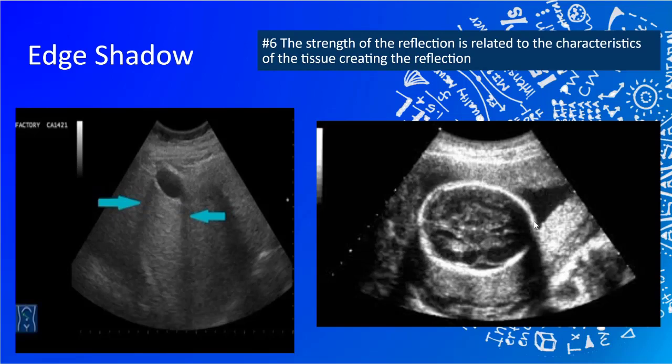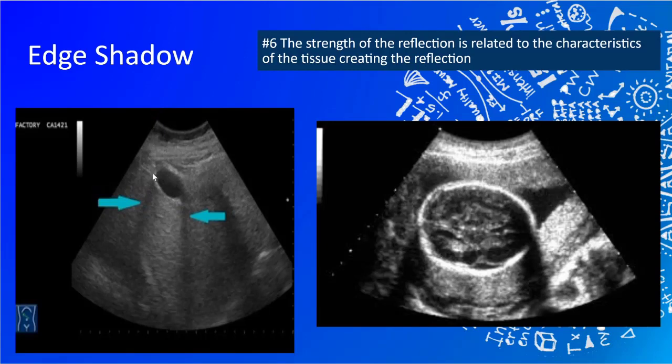Same idea with the fetal head here. We are getting sound that's interacting with the edge of the circular structure. It is causing the sound energy not to continue, so we are missing that information through the shadowing. Now the way that physics works with this round structure is the sound beam is coming through straight from the transducer.